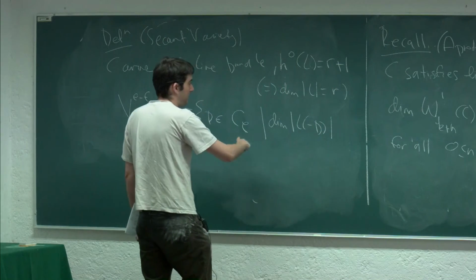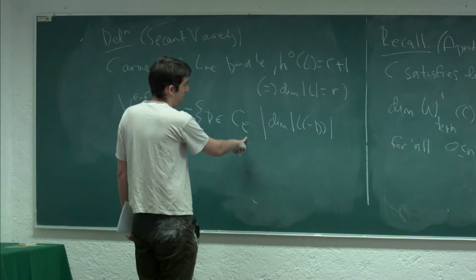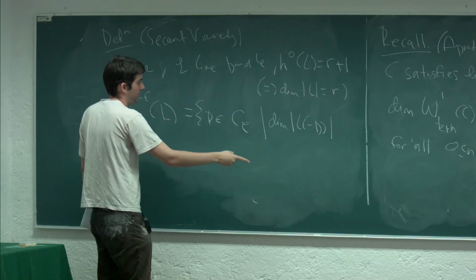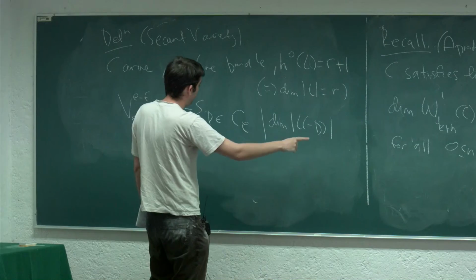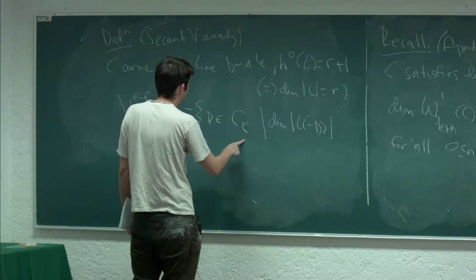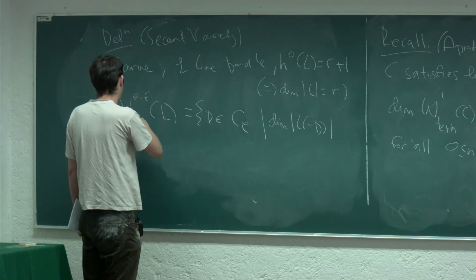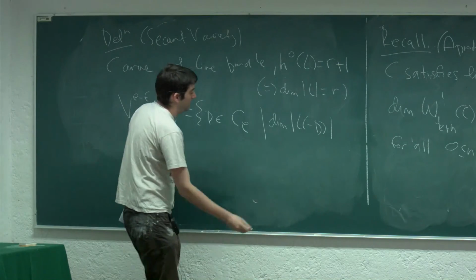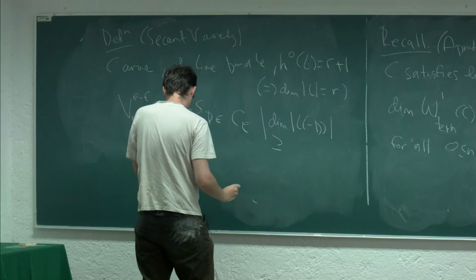So you'd expect, this is a divisor of degree e, it's a linear system of dimension r, you'd expect this linear system L minus D to have dimension r minus e, but the secant variety is those divisors such that this dimension is off by f. Okay, so it's a very natural thing to study.